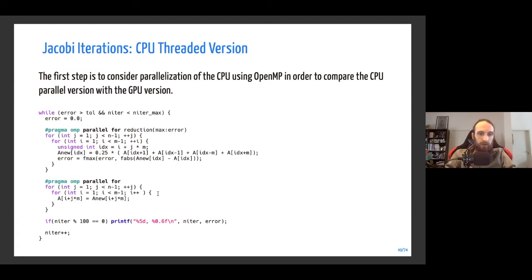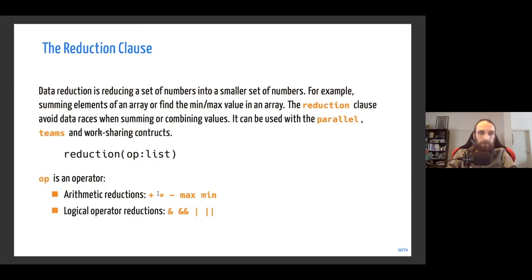This is very simple OpenMP, and the idea with OpenMP is that you can use this reduction clause, and the reason I mention it is that you can use it also on the GPU. It can be used with the parallel and teams work sharing constructs.